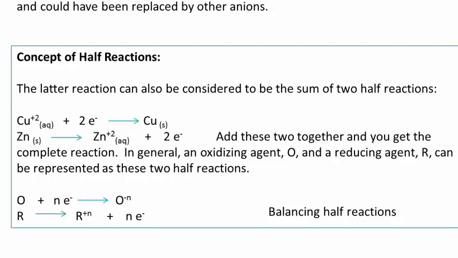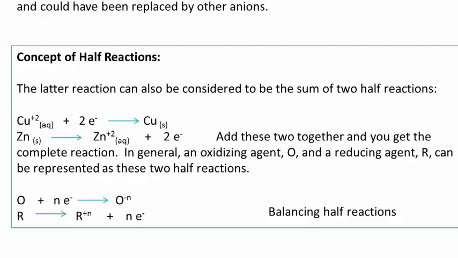That is, if we look at copper 2+, it must react with 2 electrons to become reduced to copper metal. That's a half reaction. And then we can also consider a second half reaction, zinc becoming oxidized to zinc 2+ and giving up 2 electrons. Now, if we have these two half reactions and we add them together, we get the whole reaction, the one we have above.